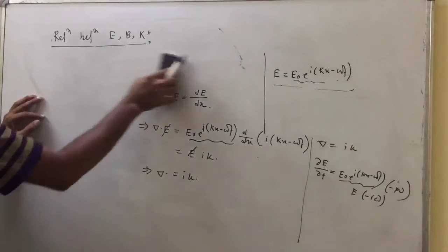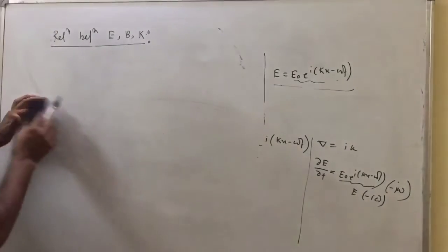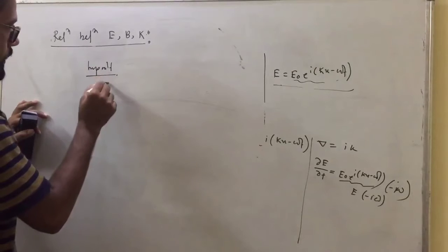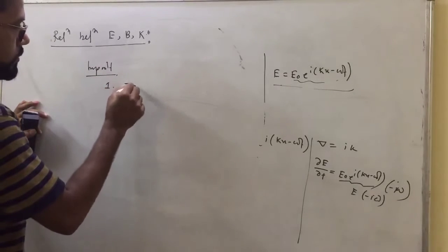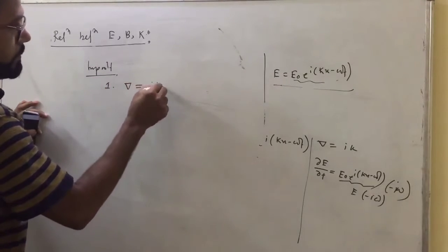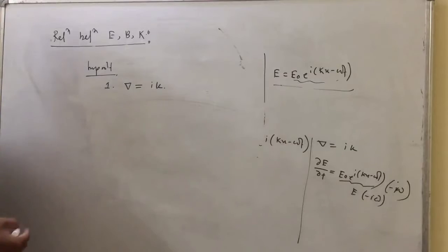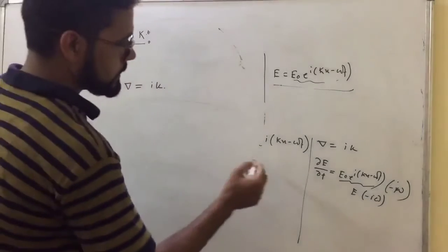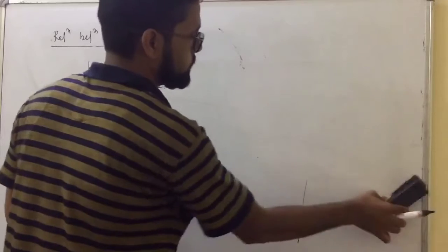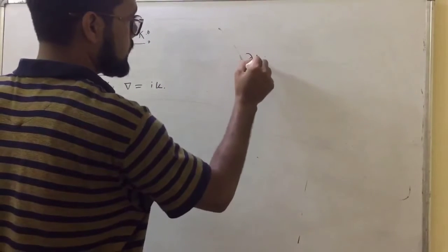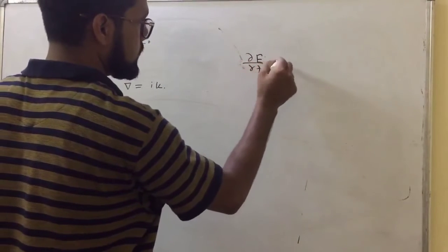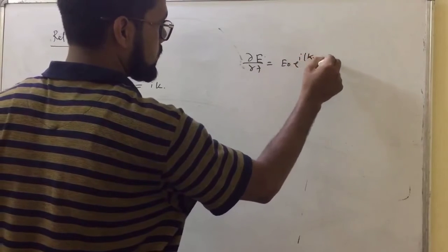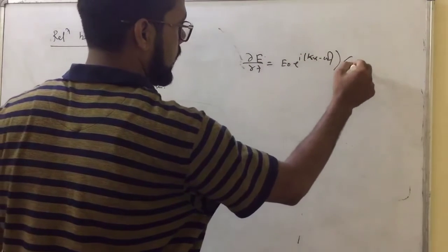So first important point: del is always equal to i k. Remember, once I find del, I will replace del equal to i k. Similarly, if I take del t, again I am telling you, del E by del t equals E naught e to the power i(kx minus omega t) times minus i omega.